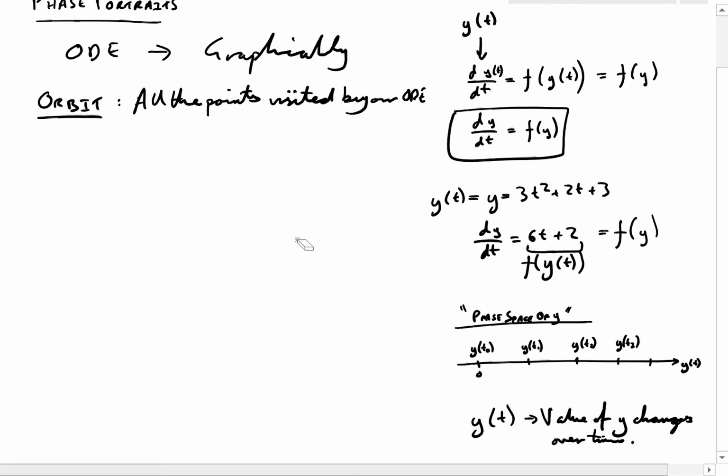We can model that using the same thing as we use down here, the phase space. So t ranges over all the possible values, and in other words, we get some y values out. Let's say we start here at some point, and this is going to be t. So this is, say, like y of t1, at time 1.